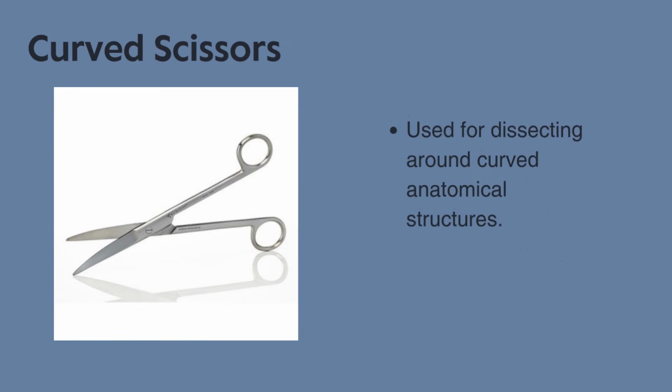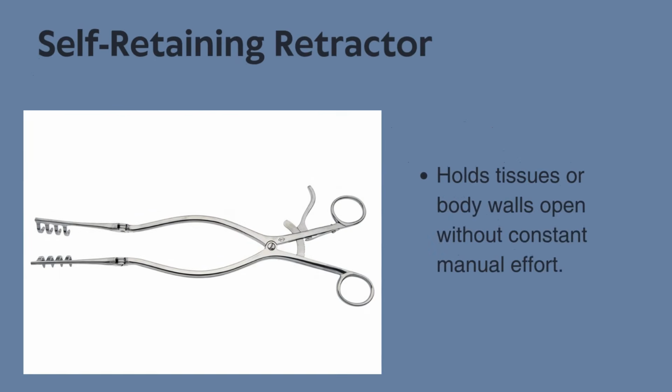Now comes curved scissors, and these are used for dissecting around curved anatomical structures. Self-retaining retractor. So, it is an important tool in autopsies and surgeries to hold tissues or body walls open without needing someone to manually assist, and it gives the examiner a clear and stable view of deeper structures.